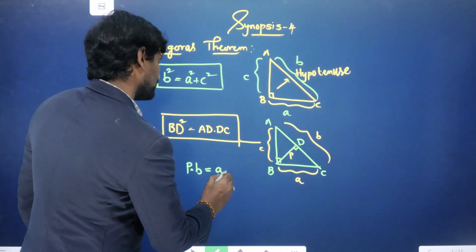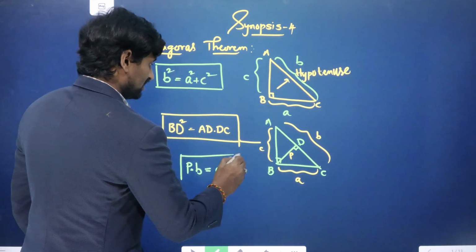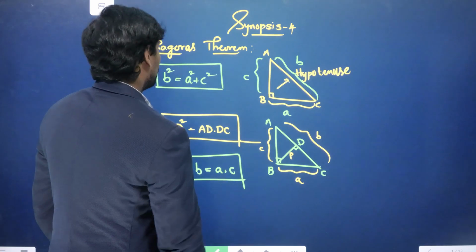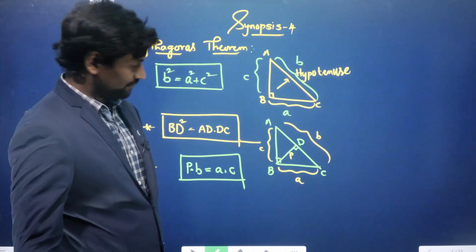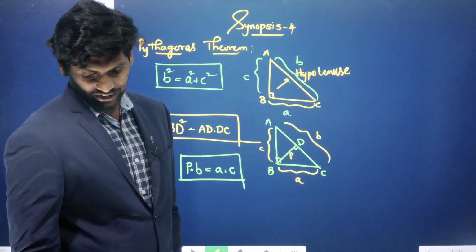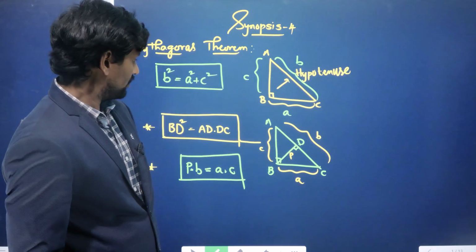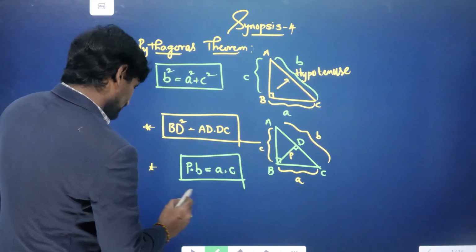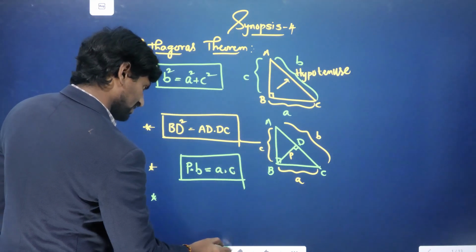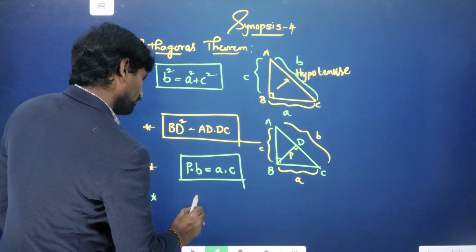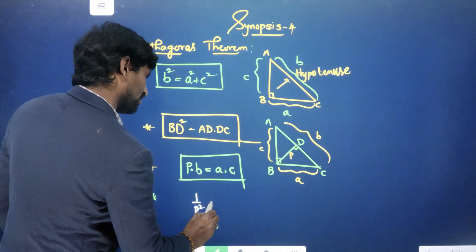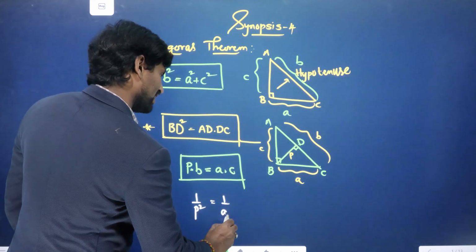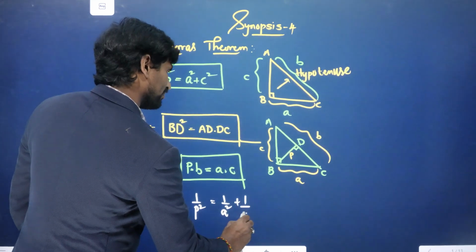That means a into c. This is also one of the important properties we should use. And the next property is 1 by p square equals 1 by a square plus 1 by c square.